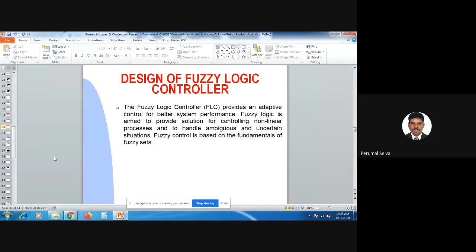The fuzzy controller suggested in this study takes the error e and the change in error ce as its input parameters, and the change in duty ratio D of the converter as its output parameter. The fuzzy control scheme is implemented in this DC to DC converter and the results were recorded. Next slide, sir.